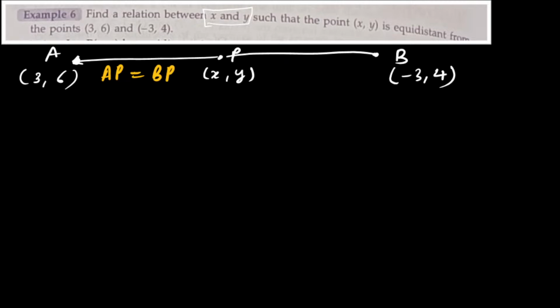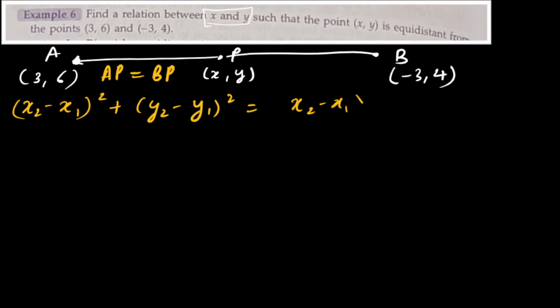After applying the distance formula, first step is same. We have to do squaring both sides. So after that one, I am going to write: x2 minus x1 whole square plus y2 minus y1 whole square. This is equal to, again same for coordinates B and P, x2 minus x1 whole square plus y2 minus y1 whole square.